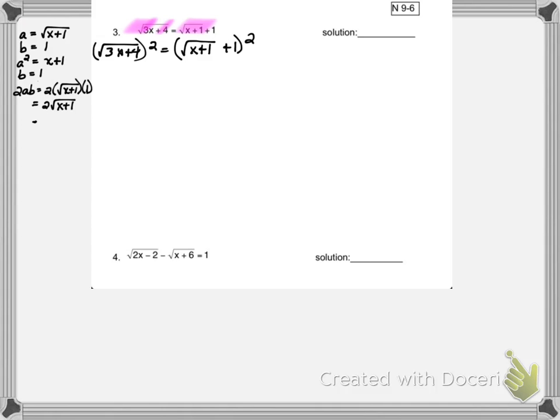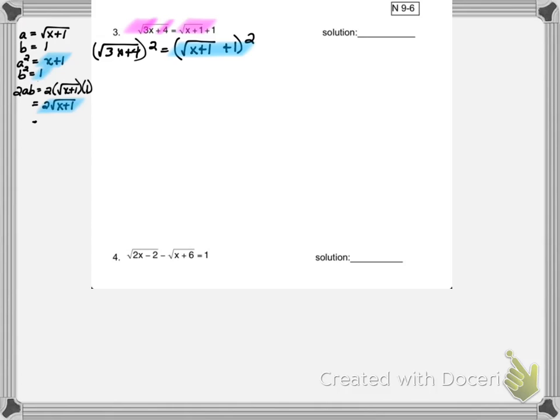Okay, so for squaring, we use a different color so we can get our color coding in good shape. For squaring all of this, I'm going to use these pieces, and I didn't label this right. I'm going to use this piece, and this piece, and this one should have been b squared, because 1 times 1 is 1.